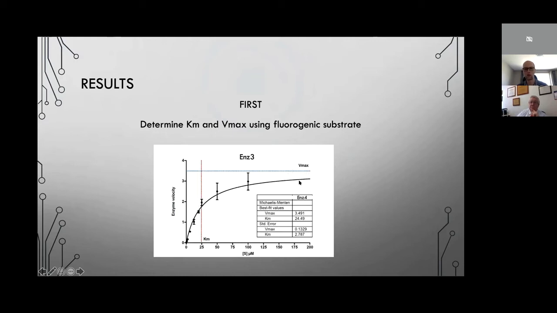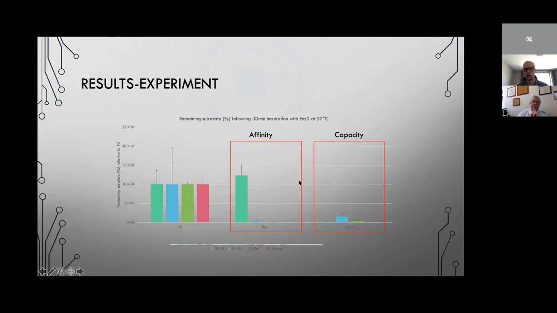Why those two points? Here we can see it very well. With one enzyme, we have incubated with four different peptides, and we can see that Km is actually the affinity of the peptide with the enzyme. So we can see that different peptides have a different affinity for that particular enzyme.